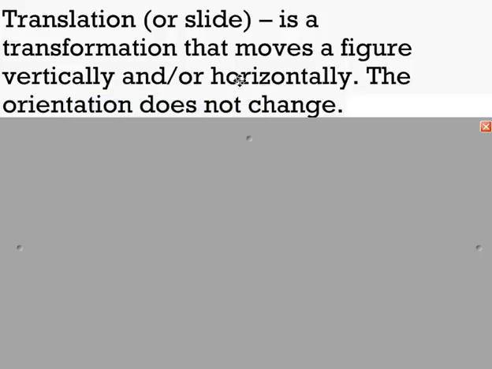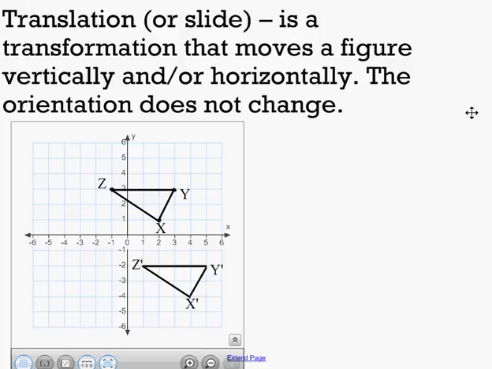A translation is a transformation that moves a figure vertically and horizontally. So it's a slide. Over here, for example, our original figure, XYZ, you could see that there's a slide taking place. Let's focus on the X and X prime.